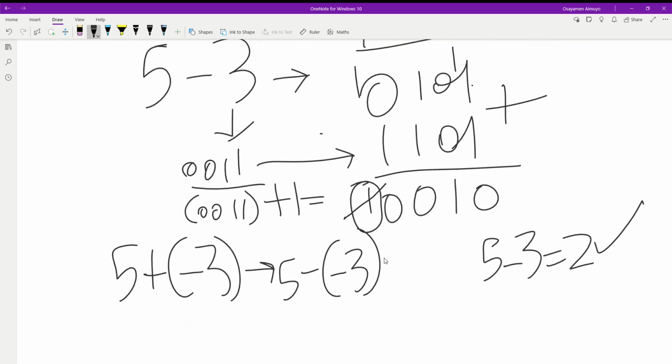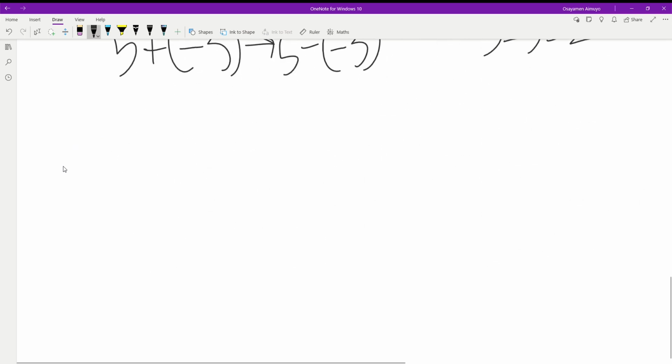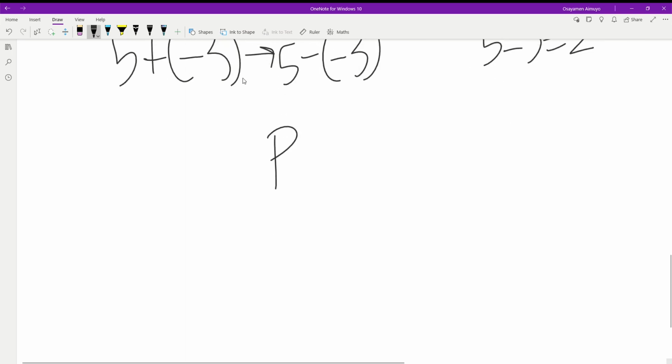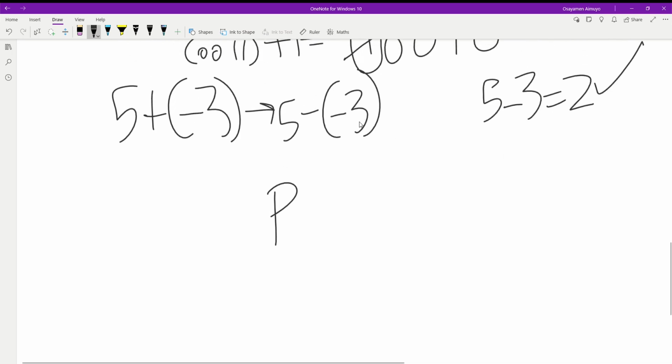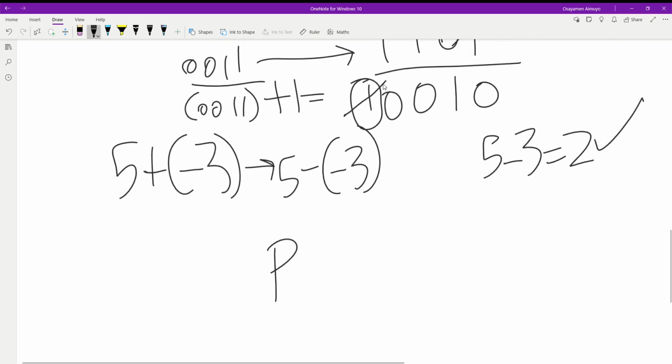Just something to add, let me give some tips. If you're adding a positive and a negative number, you will never get overflow, and you can prove that yourself.